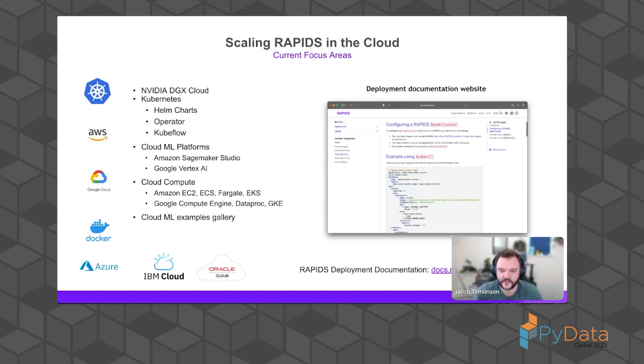The link here is docs.rapids.ai/deployment. And then there are loads of different pages in here that talk about how to set up a GPU Dask cluster on SageMaker, how to set it up on Vertex AI, how to set it up on Azure ML. Or if you want to use Kubernetes to abstract away the platform underneath, you can use Kubernetes. There are also lots of managed services out there like Coiled or Databricks that you can run these things on as well.